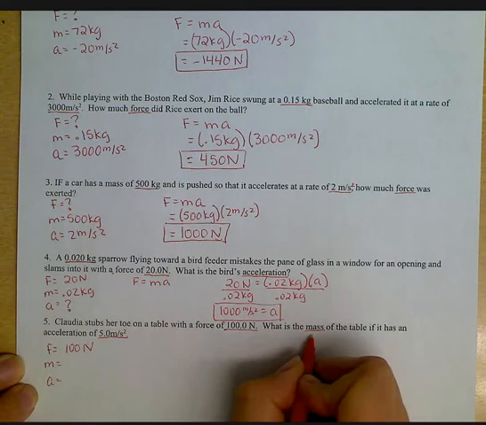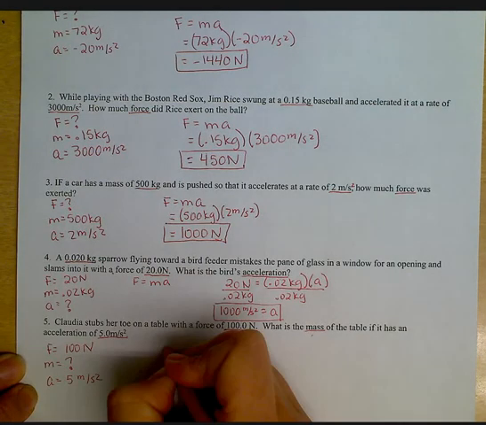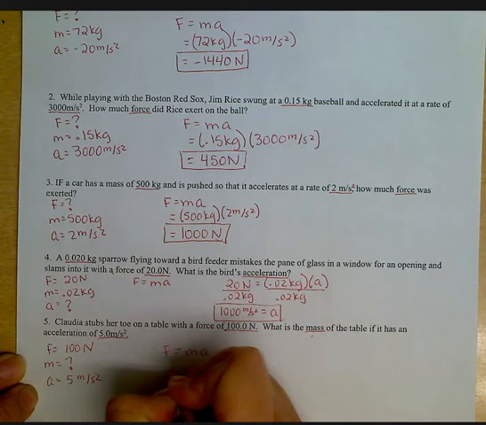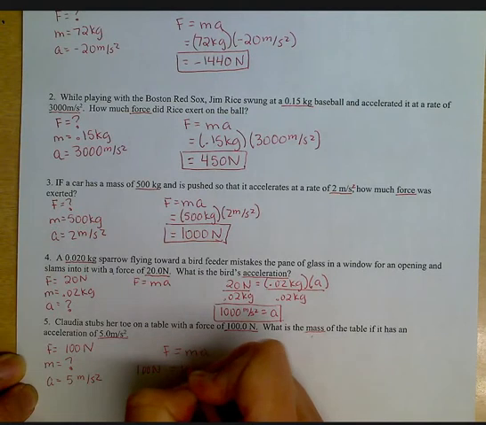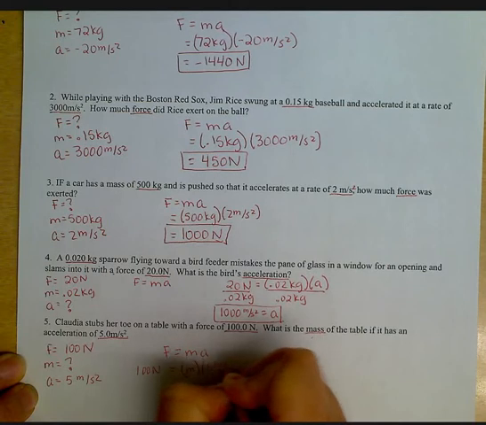The mass is what I'm looking for, and the acceleration is 5 meters per second squared. So I'll write out my equation. F equals ma. My force is 100 newtons. My mass I'm not sure of. My acceleration is 5 meters per second squared.